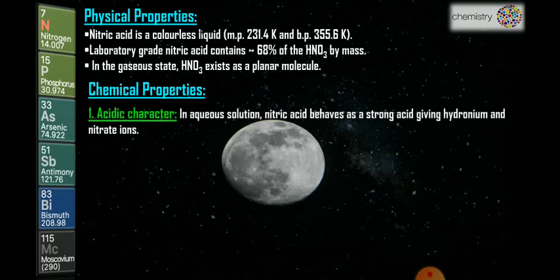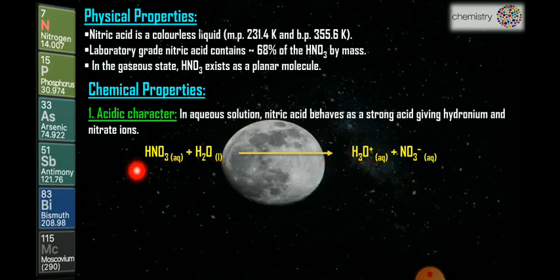It's an Arrhenius acid because when this nitric acid is dissolved in water, in aqueous solution, the nitric acid HNO3 dissociates into NO3 minus and H plus. That H plus combines with H2O forming H3O plus, the hydronium ion.